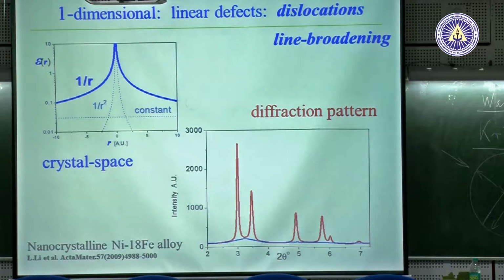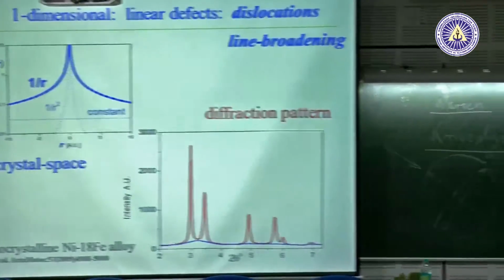Dislocations in crystal space have a long-range strain field. Okay? So in reciprocal space, the scattering will concentrate to the Bragg position, and that is line broadening.